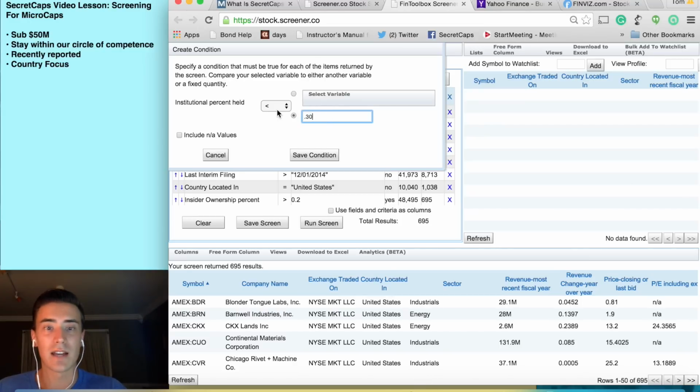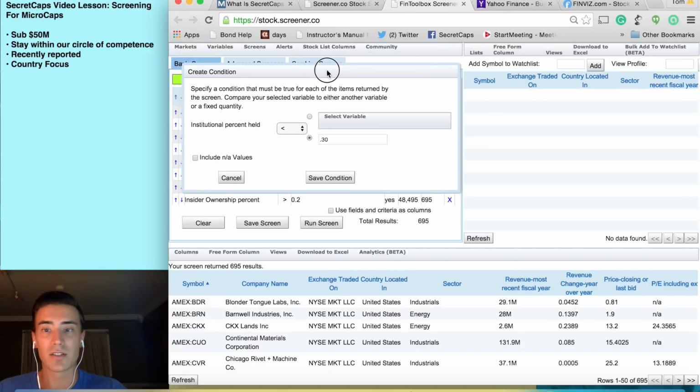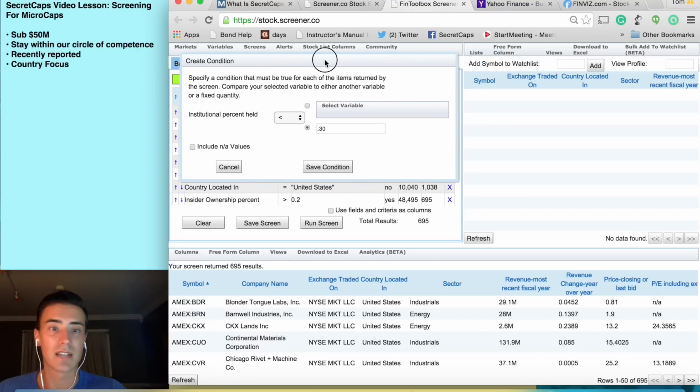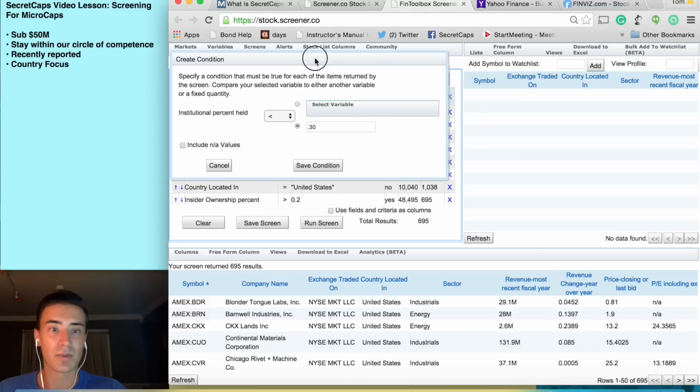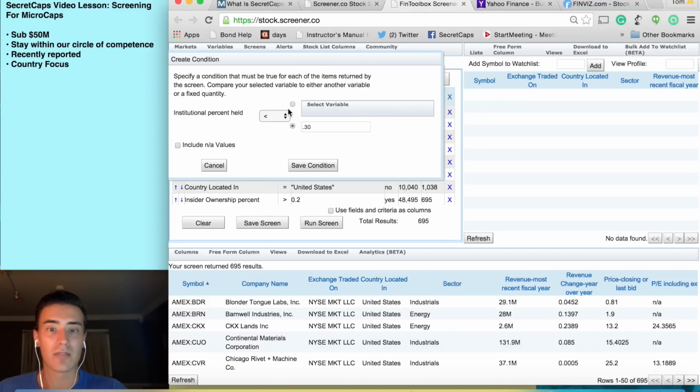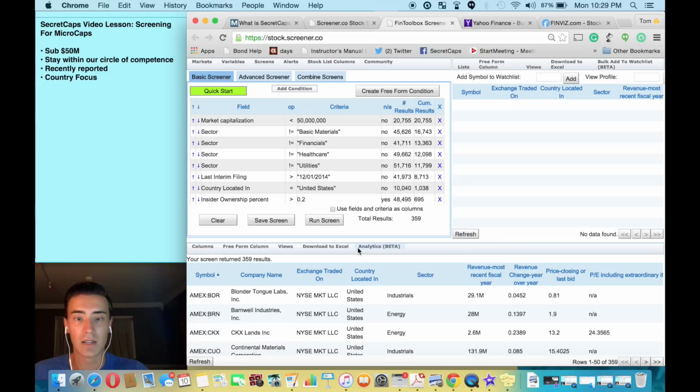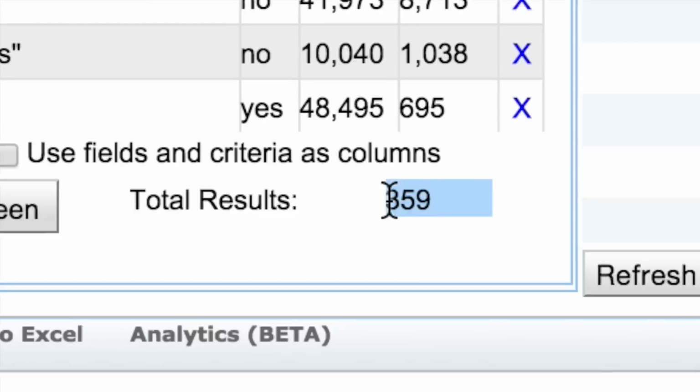On the flip side of that, it helps if they don't own much, because once the company begins to execute and institutions begin to take a position, that could definitely bolster the share price if institutions get involved and start buying big chunks of microcap companies, which are generally most of the time illiquid. So we'll save that. So now we're down to 360 names.